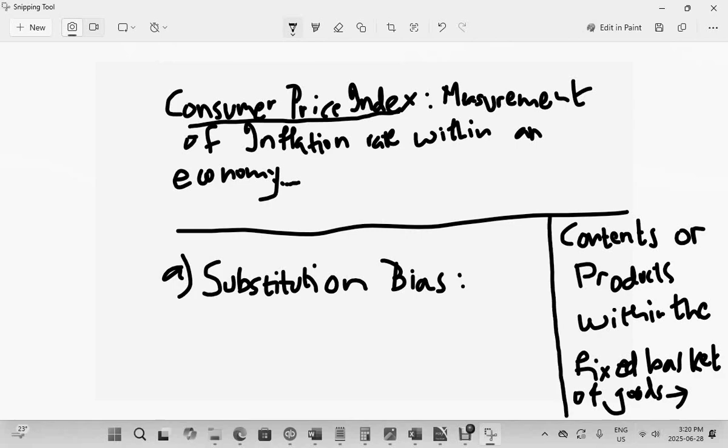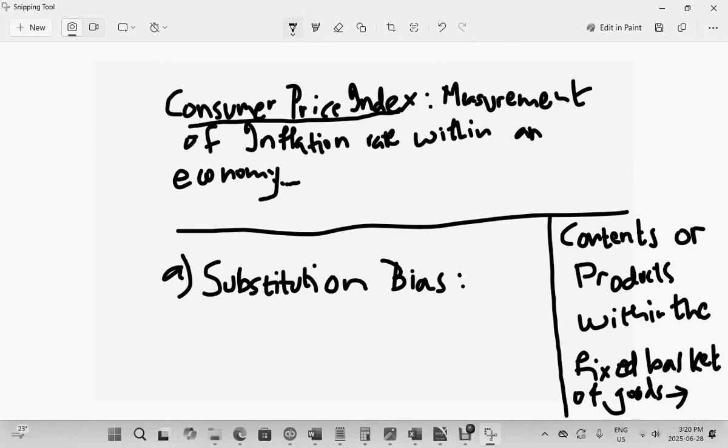Because the contents in the basket of goods are made up of consumer spending, what the consumers spend their money on. This may change from time to time, from one year to the next, and from country to country. Hence, when it comes to the substitution bias, they talk about the true cost of living.